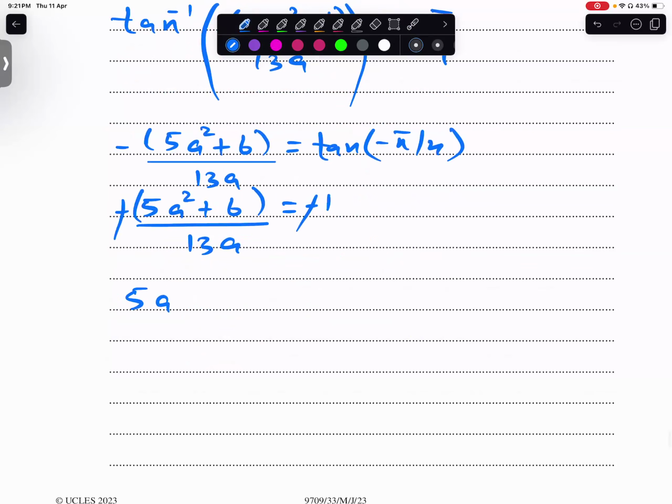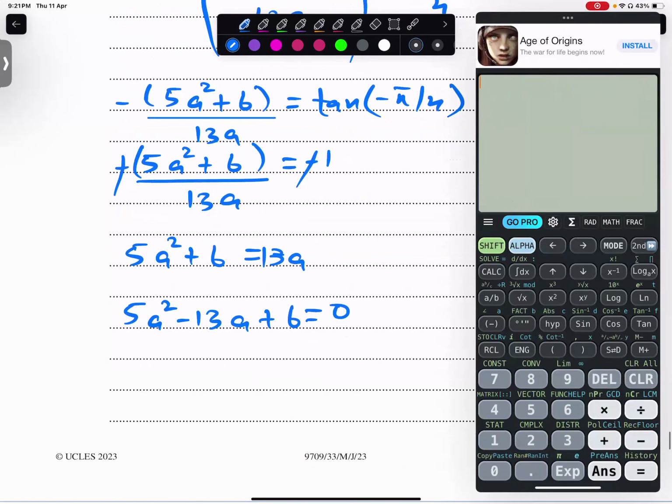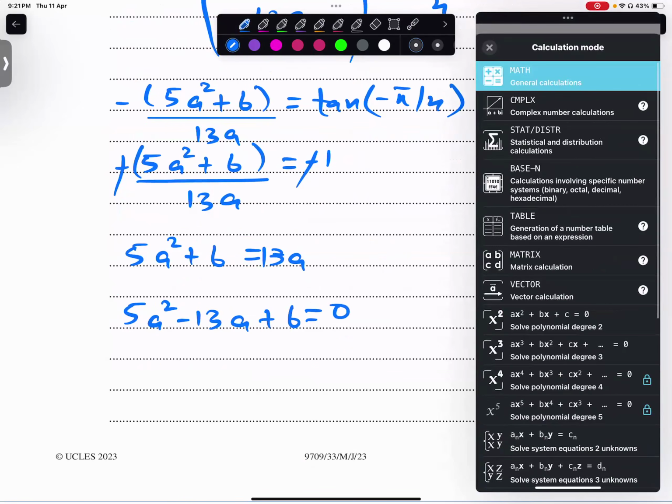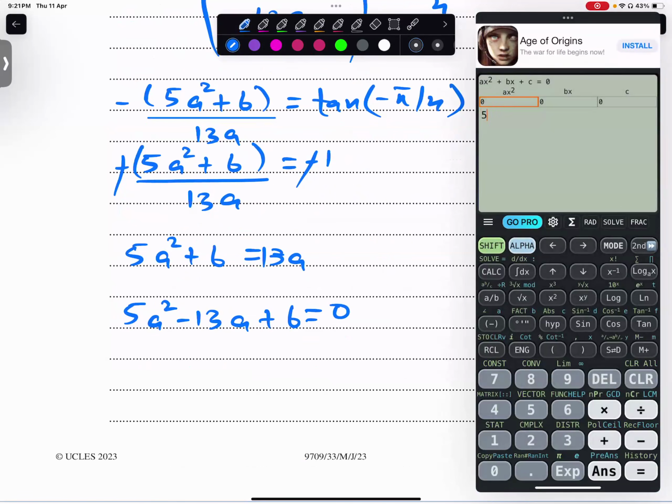So I have a quadratic equation: 5a square minus 13a plus 6 equals to 0. So 5, minus 13, 6.